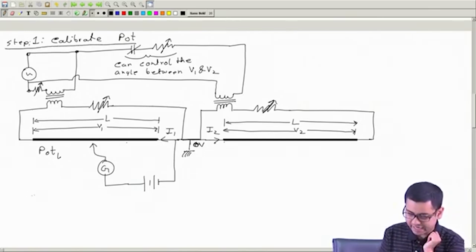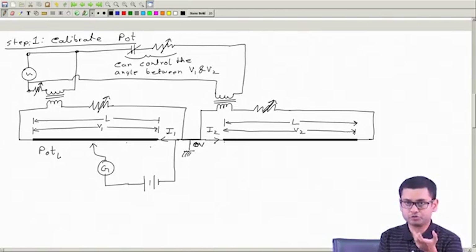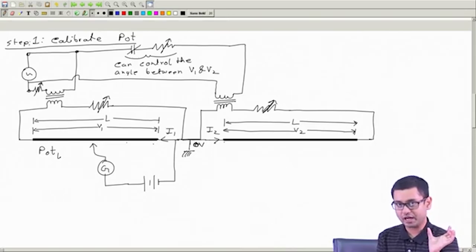First decide the suitable length where you want to get the null. That is decided by the choice of voltage per unit length, which in turn depends on the magnitude of the unknown voltage. You should have an idea of the magnitude of the unknown voltage.